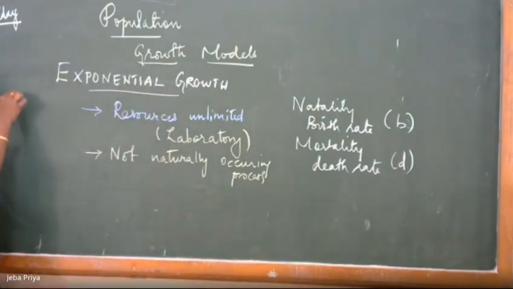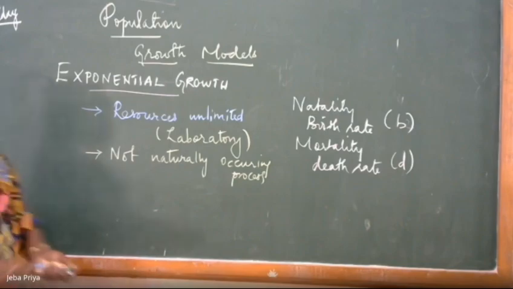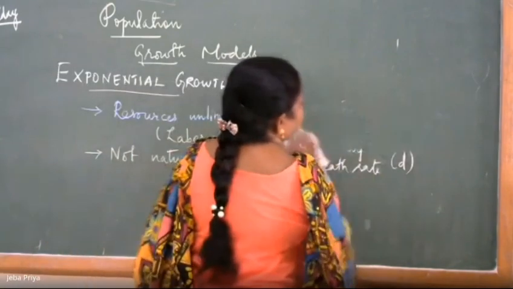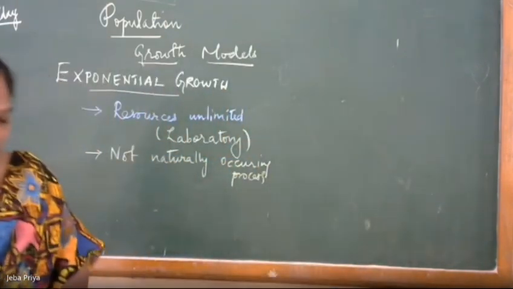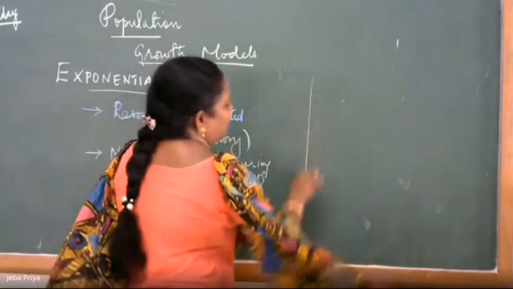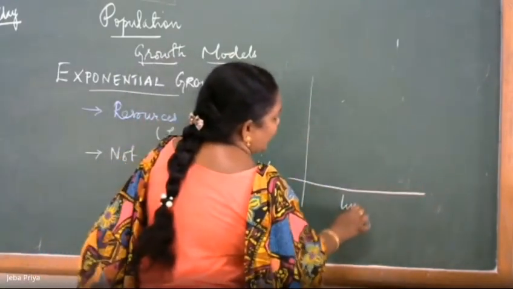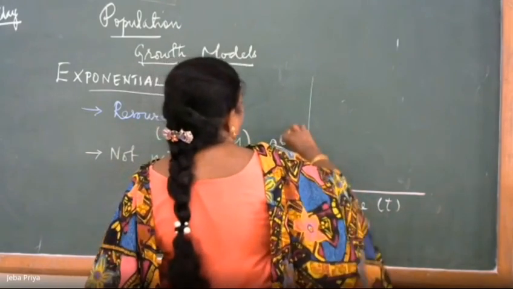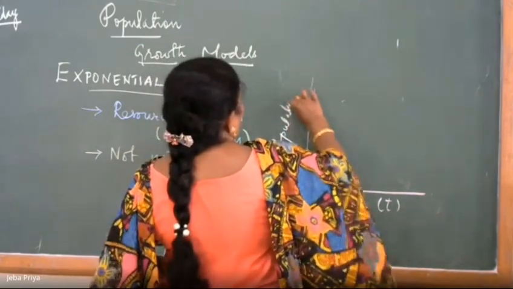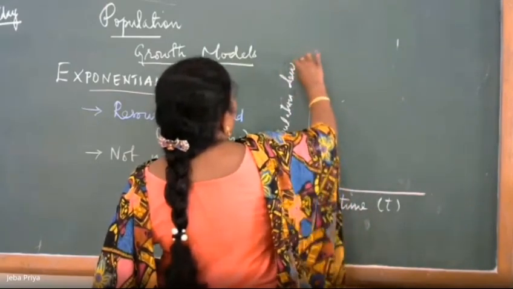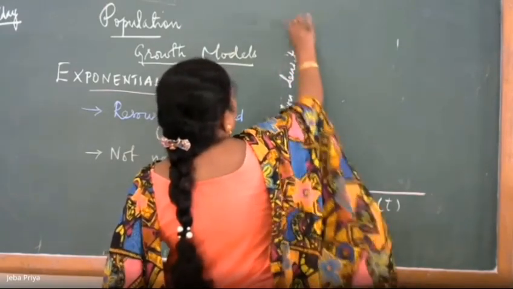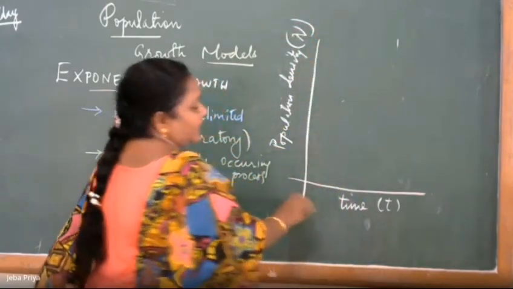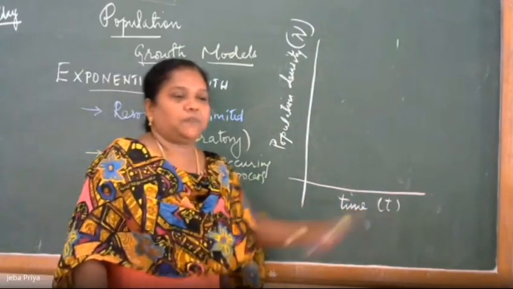When I draw the graph here, can you see it? The graph is plotted against time, t, and population density, which is measured in terms of N. Yesterday I taught you this. Time is t.